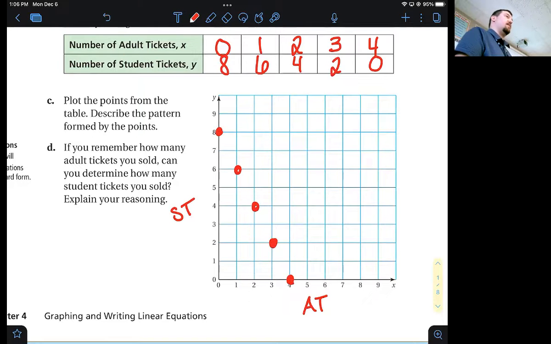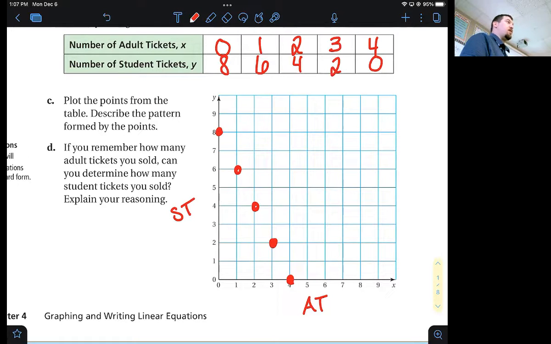Now, normally, I would connect these dots and make a line. I'm not going to do that for this example. If you were listening, I told you why. Why wouldn't I be connecting these? Julia? You can't have in-between values. Correct. I can't have half, third, fourth, can't have any in-betweens. I can't sell 4.2 student tickets, right?